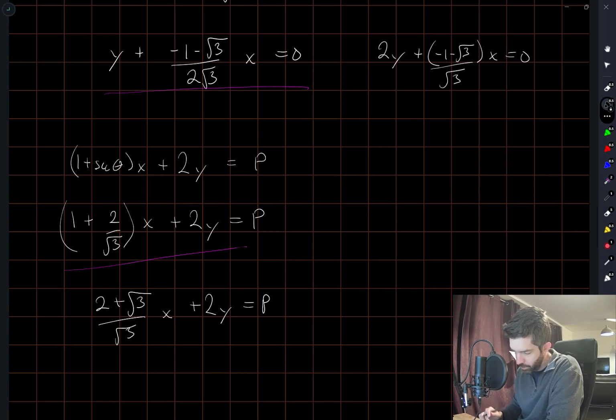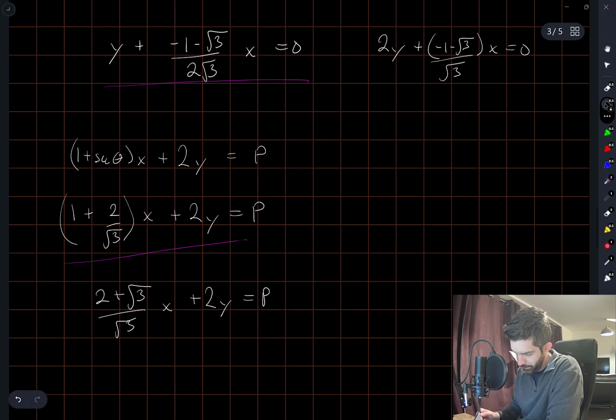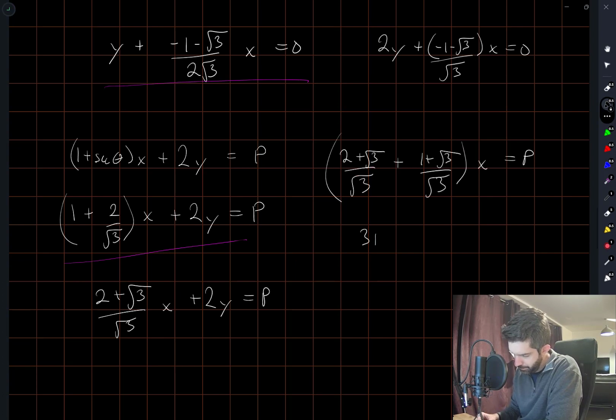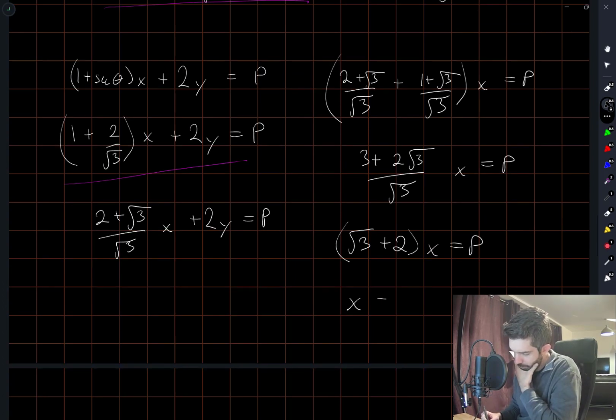And now if I add these equations together, no, I don't want to add them together. I want to subtract one from the other. So I get that x is equal to p divided by 2 plus root 3.